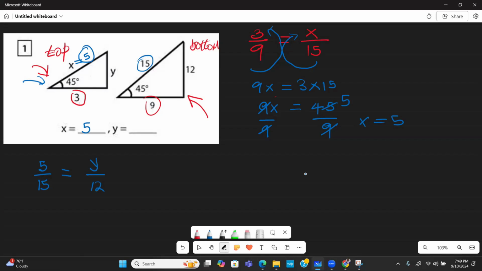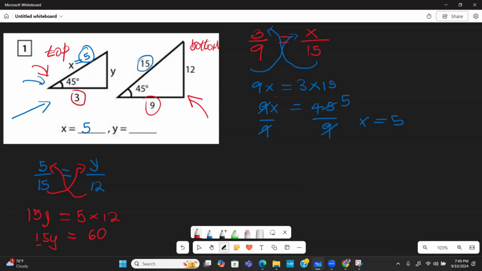So as you could see, I link my pair of corresponding sides, but the sides from this triangle will go on top. At this moment, I'm going to cross multiply. So I'm going to have 15 times Y, and it's going to equal 5 times 12. Let's set that up. 15 times Y will give me 15Y, and that is going to equal 5 times 12. 15Y is equal to 60.